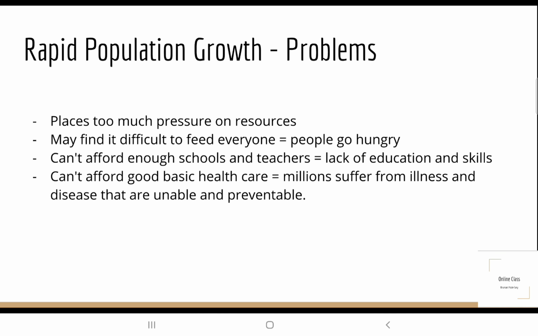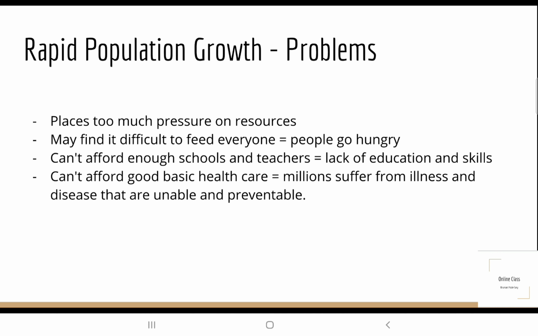Rapid population growth can cause quite a few problems. What happens when the population grows rapidly is that it places too much pressure on resources. The resources that a country has can't keep up with the increased demand of the new population. So it may be difficult to feed everyone, which will mean people go hungry.